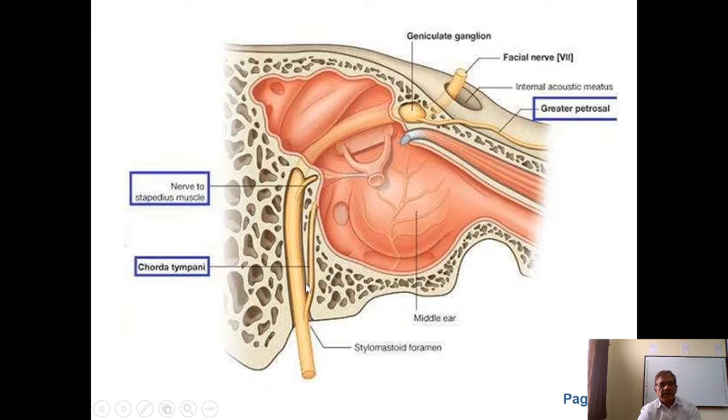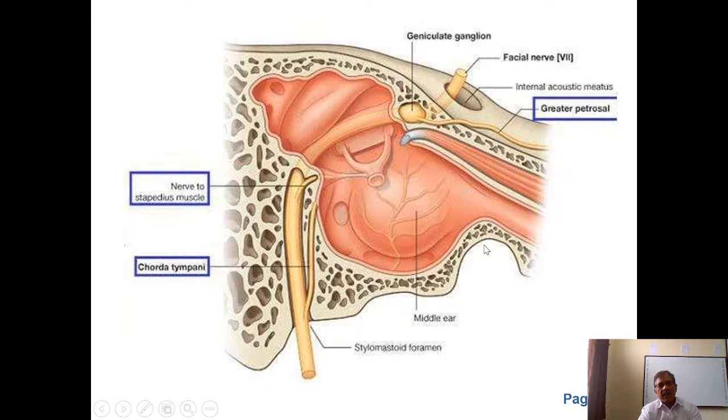And this chorda tympani, once again, travels in the mastoid segment of the bone, and then comes into the middle ear cavity, travels in between the malleus and the incus, and comes out through the anterior wall by a small fissure called the tympanic fissure.